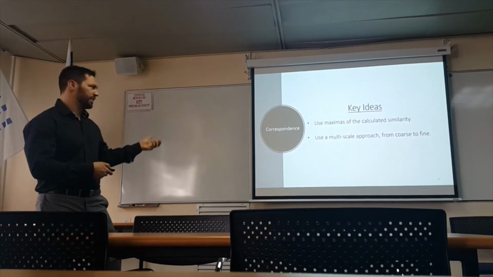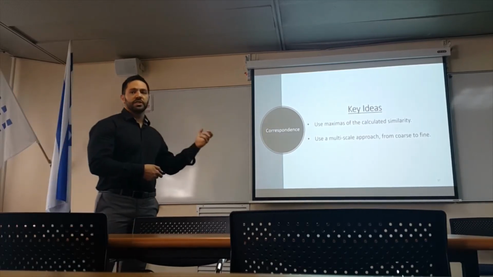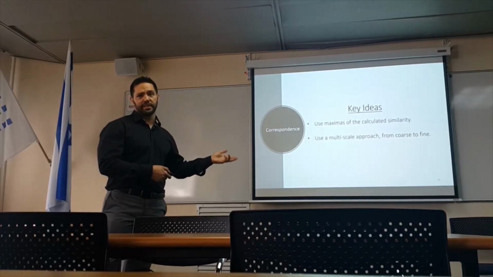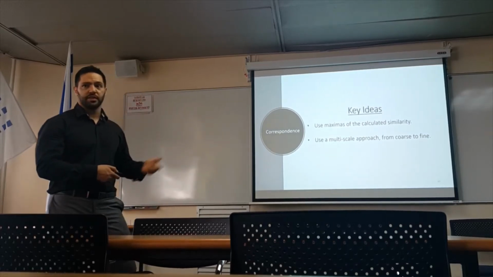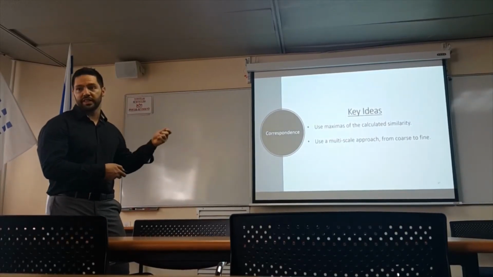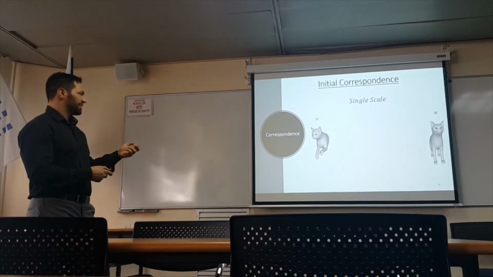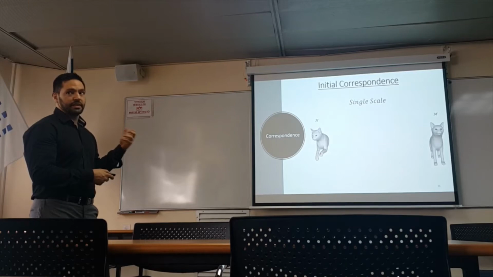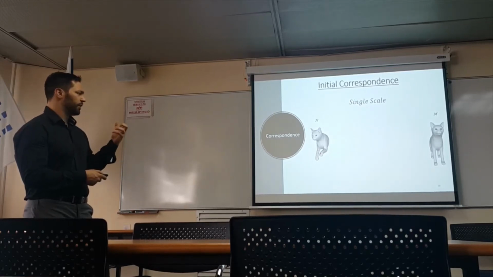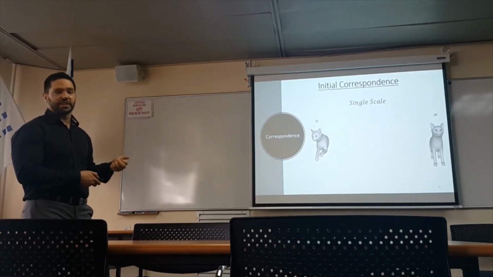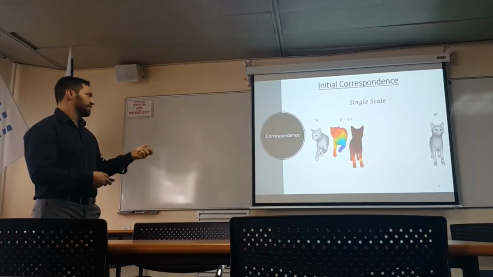So we take the maxima, and we use a multi-scale approach. We have 3 similarity scores for each pair of patches, and we use this, we'll see how shortly. Our part for this example is the front of the cat here, and the point we try to match is marked in magenta. And we calculate the similarity.